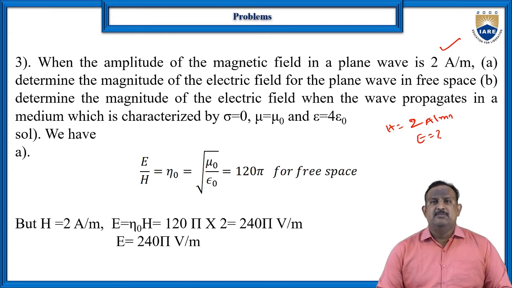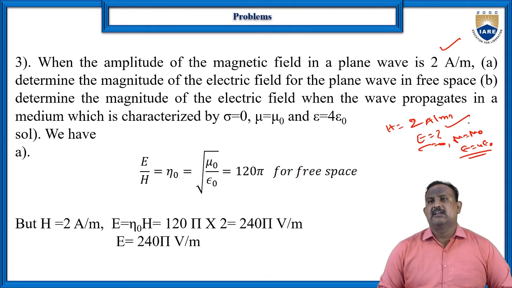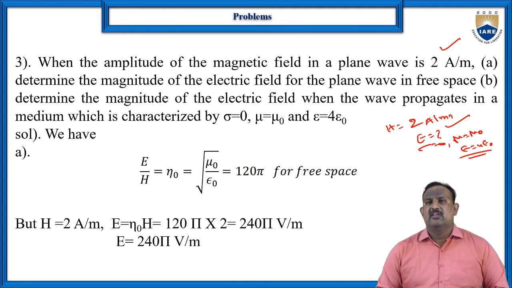Second, we need to find the magnitude of the electric field when the wave propagates in a medium characterized by sigma equal to 0, mu equal to mu naught, and epsilon equal to 4 into epsilon naught. So we need to find the electric field intensity for free space and for a different medium.